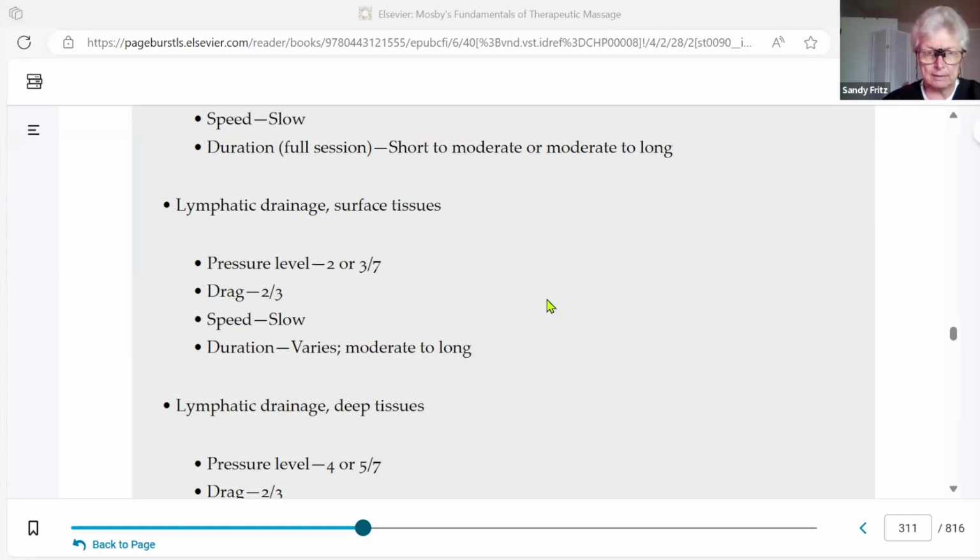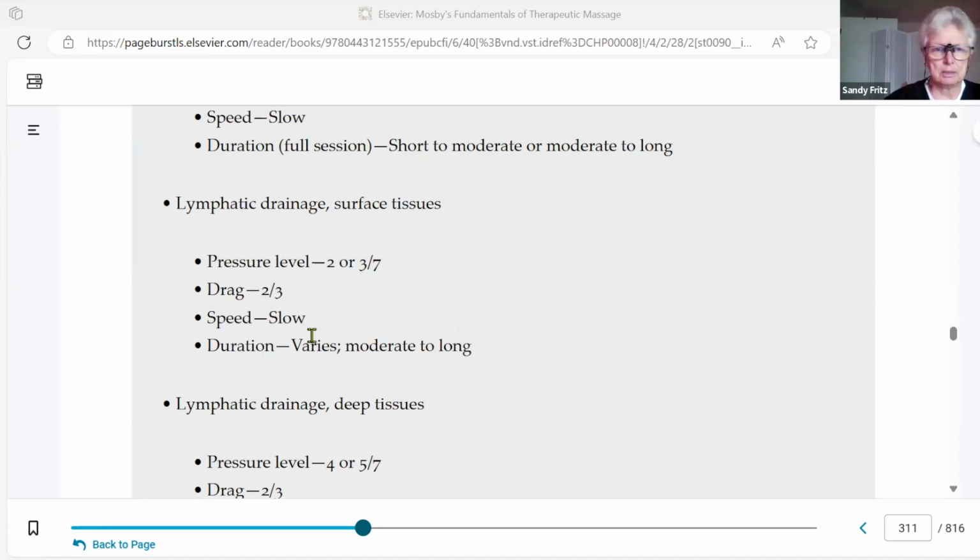So we've got to drag the tissue. The speed is slow. You can't push water. You got to think about a slow pump. And the duration varies, like if you're doing just a local area, or if you're trying to support the whole body, this is very rhythmic and time consuming.